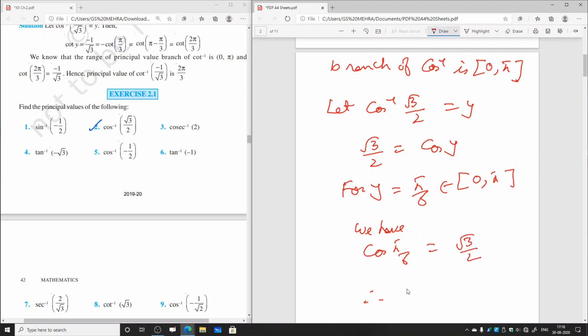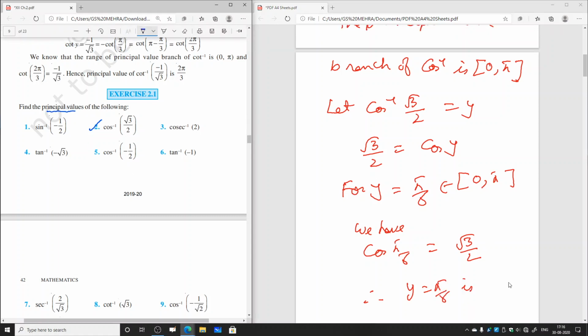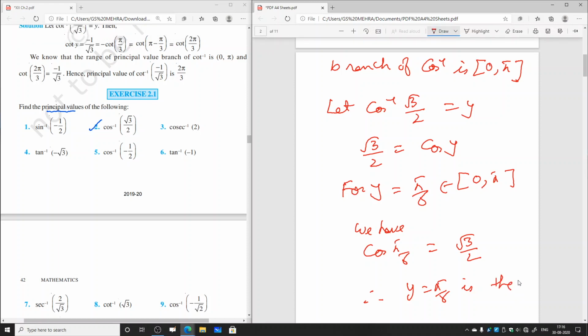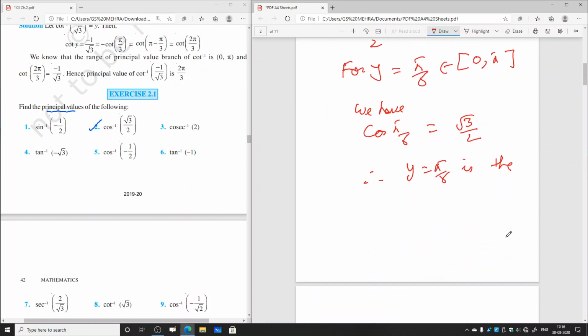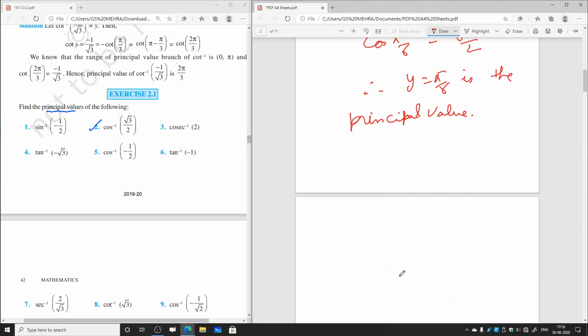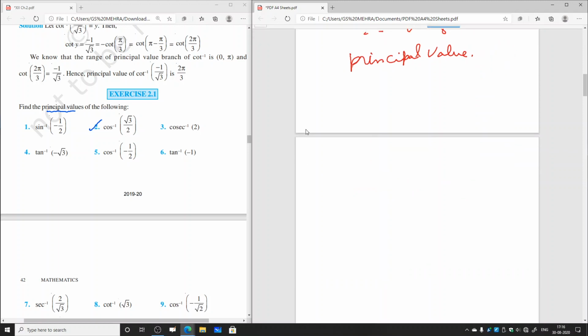Therefore, y equal to pi by 6 is the required principal value. So this is our question number 2. Now let us go to the third one, question number 3.